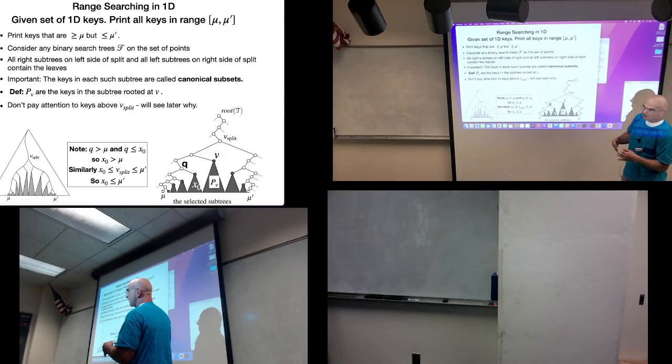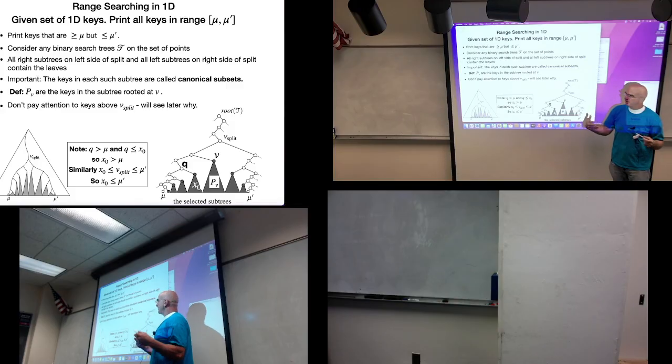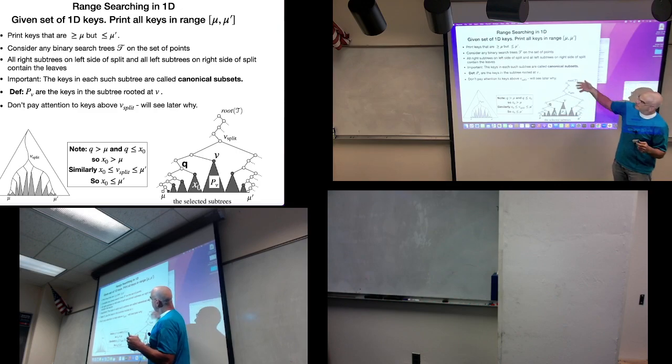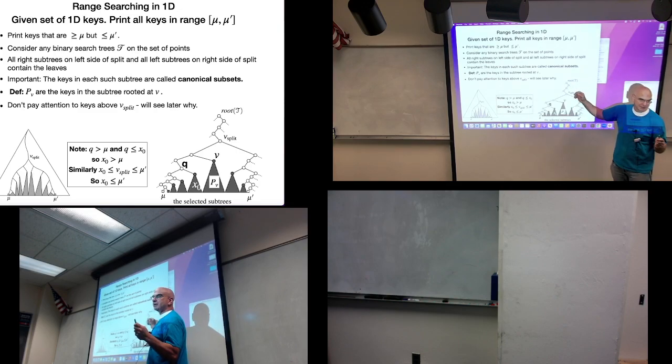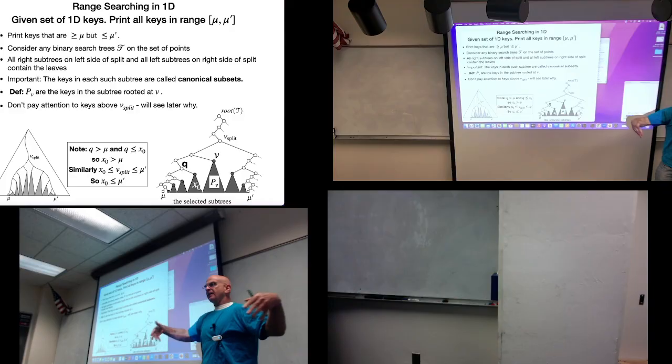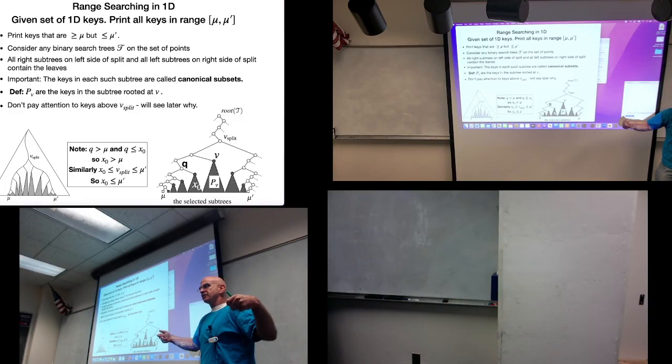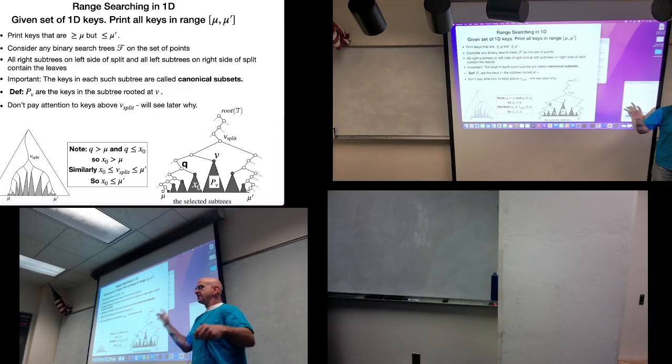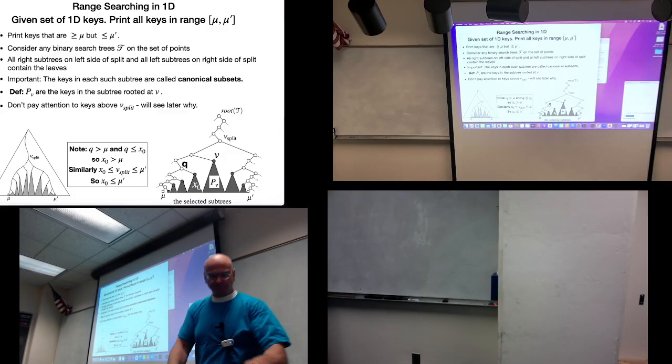So I need a data structure that takes a set of points all on the x-axis and thinks about them for a while. It will take a bit of time to pre-process as usual. As usual, the name of the game is that you take the data, meditate on it, pre-process it, spend some time in the pre-processing and spend some memory, and then I bombard you with a sequence of queries, and for each query I want an answer fast.